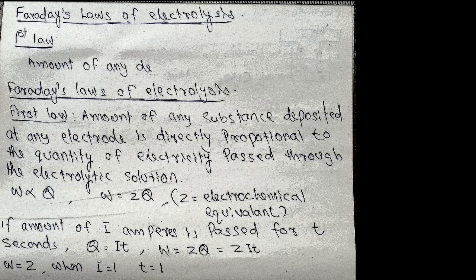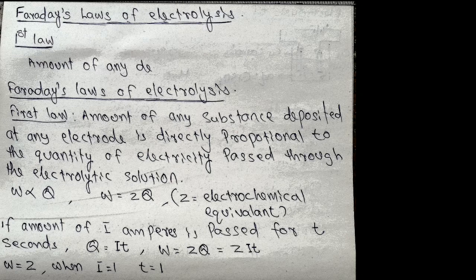Here Q is IT, so we can substitute this value. Finally we can say W equals ZIT.